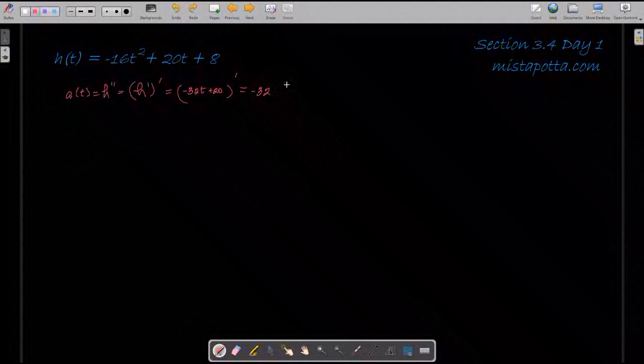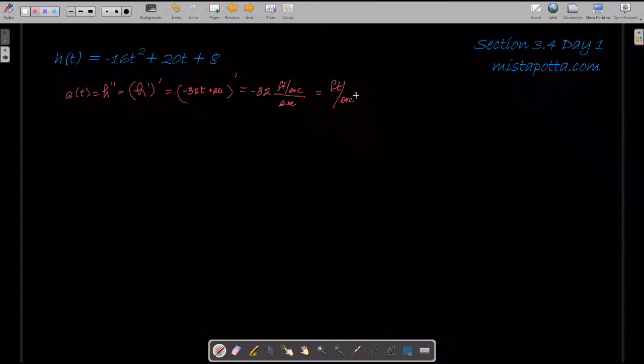And this is a rate of change of a rate of change. So that means that my velocity is dropping 32 feet per second each second. And physicists like to write this as 32 feet per second squared.